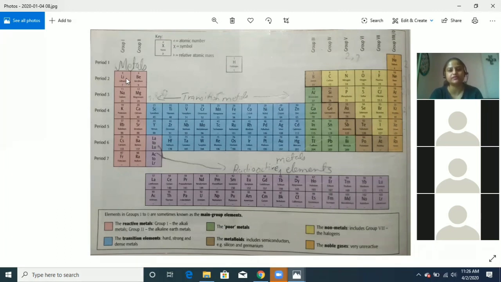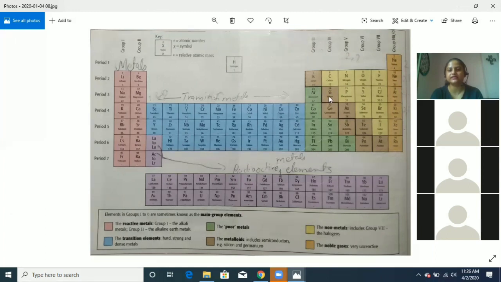Lithium and sodium, Li and Na, have the same chemical properties and similar physical properties. Same as the next element, magnesium, which has similar properties to beryllium, so we kept magnesium below beryllium. Then aluminium shows similar properties to boron.